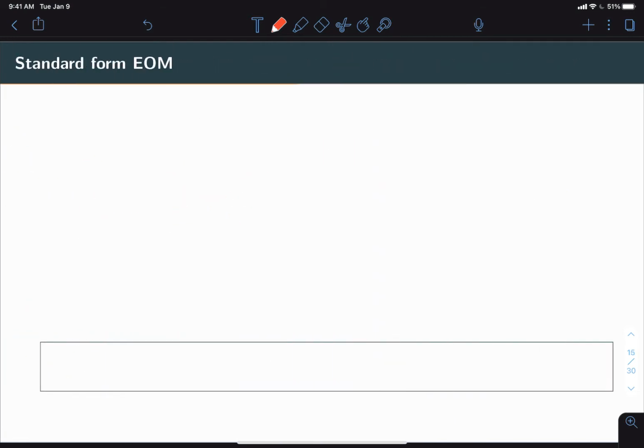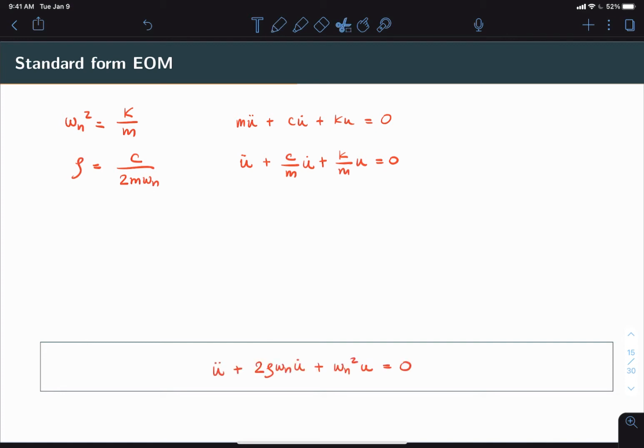A very important side note here is that using those definitions for omega n and zeta, we can rewrite the equation of motion in a more standard generic form. So starting out from the original formulation, we can divide by m, and then substituting in those definitions, we get, notice that the velocity coefficient is now 2 zeta omega n, and the displacement coefficient is omega n squared.